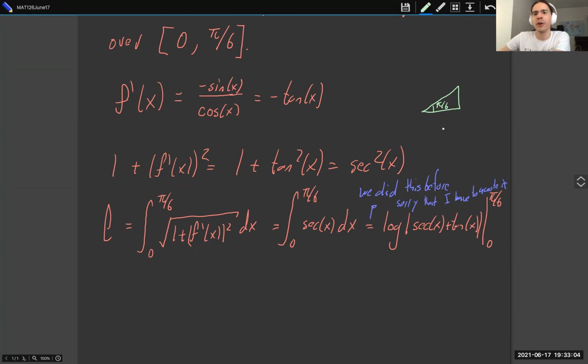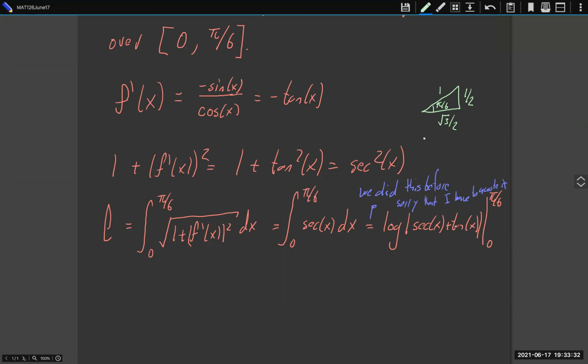What is cosine of pi over 6? Radical 3 over 2. Good. And what is sine of pi over 6? One half.